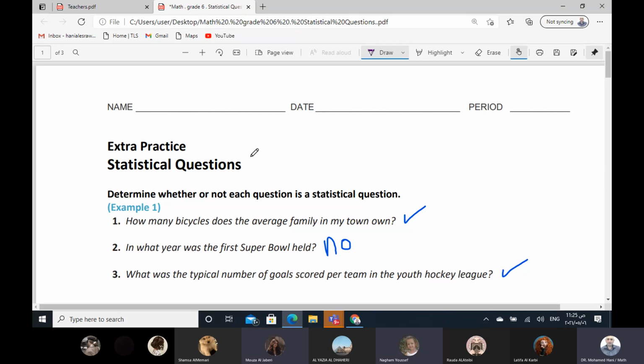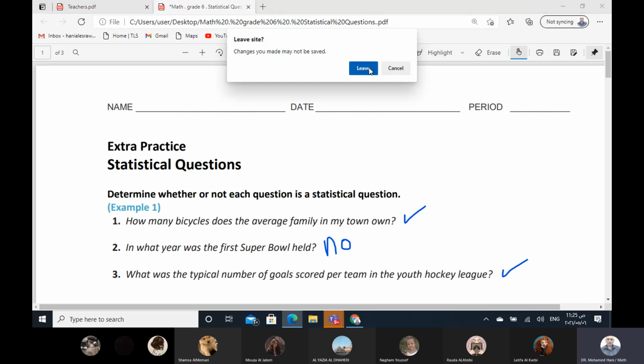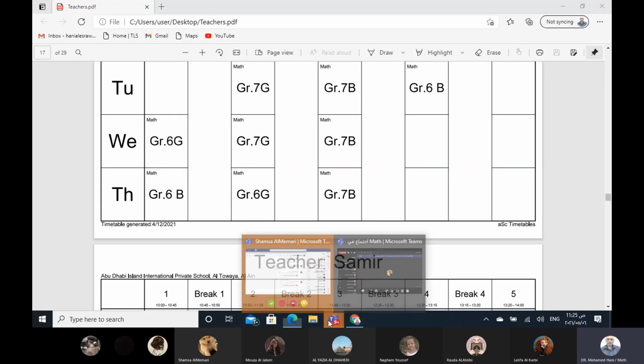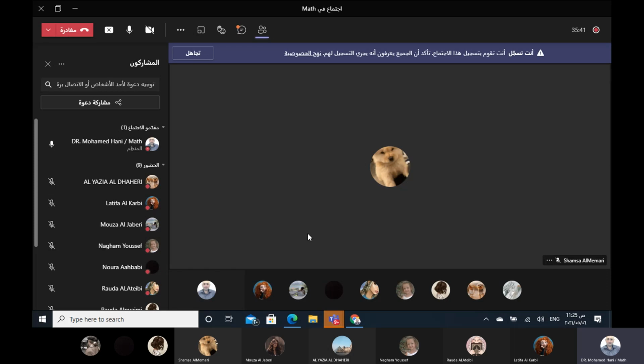No questions. Right. Who can tell me what is the difference between statistical questions and not statistical questions? Nagam, can you answer, please? Yes. Statistical questions don't have a specific answer. They have multiple answers.